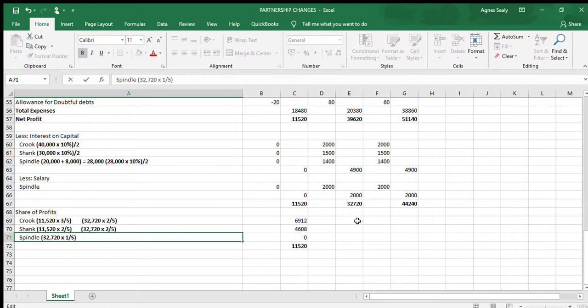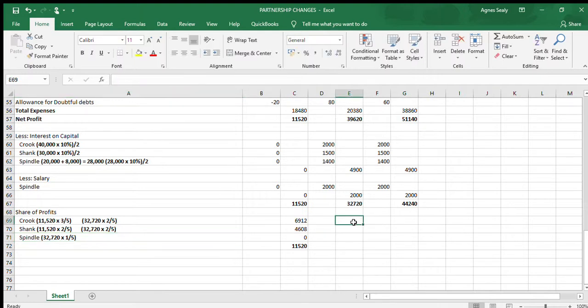So let's look at the profit for these partners now. That is times 2 on 5.